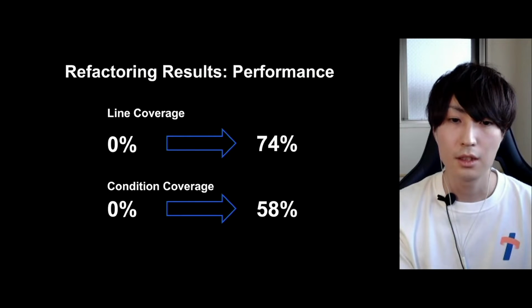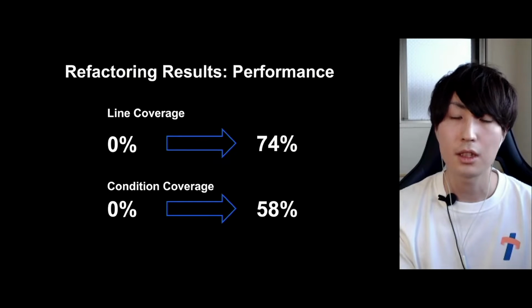Next, I'd like to talk about the improvement of the test coverage. We utilize a static tool, and the test code increased through refactoring. So line coverage was 74%, the condition coverage was 58%, and overall test coverage was about 70%.